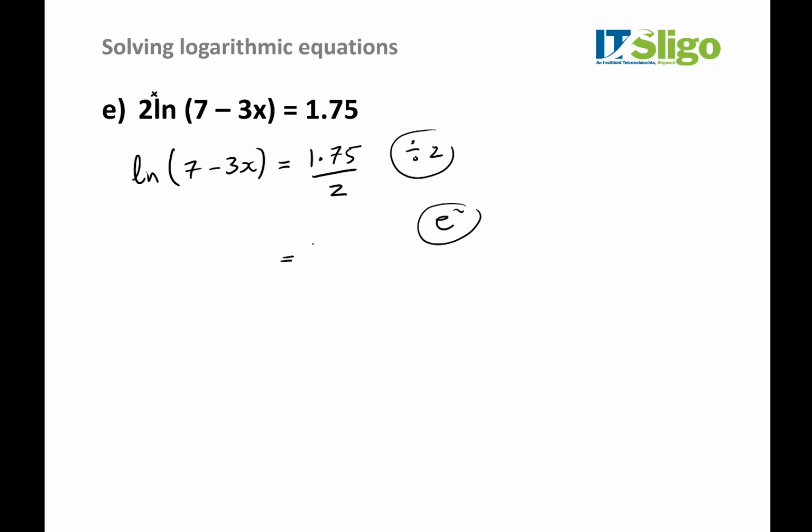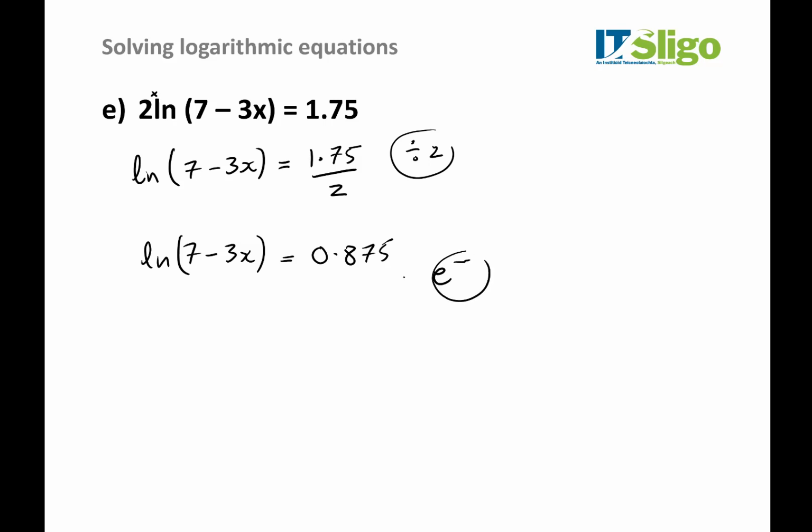There's no rounding or anything. This is 0.875. Sorry, I'll just work that out. It's just I don't want the problem looking too messy, and I know dividing by 2 isn't going to produce a never-ending decimal, so there's no rounding error. So all I've done there is divided the right-hand side, and now I raise both sides as a power on e. Sorry, I'll move this down.